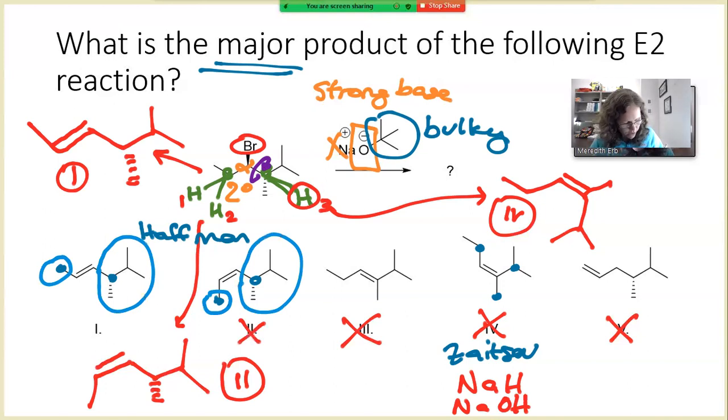So we can cross 2 off and we can say that answer choice 1 is the correct answer here, because with the big bulky base, we favor the Hoffman product. And according to steric hindrance, the E product is going to be the more stable product. So it'll be the major product in that case. Molecule 2 and 4 are both minor products. So I'll write that in, major, minor.